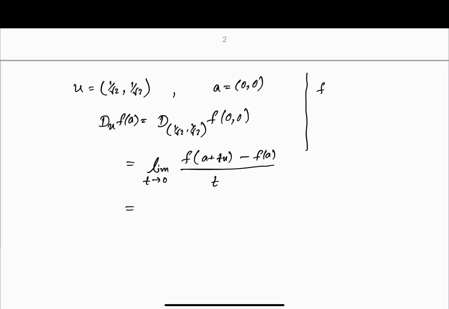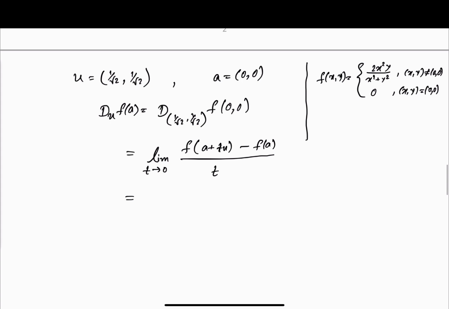Let me write f(x,y) = 2x²y/(x²+y²) if (x,y) is not equal to (0,0), and this is 0 if (x,y) = (0,0), right?